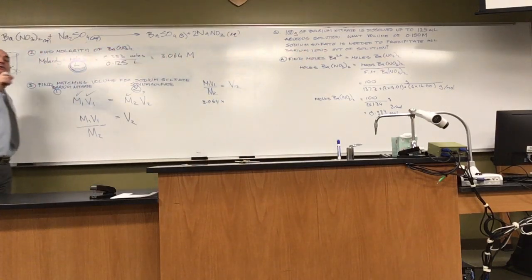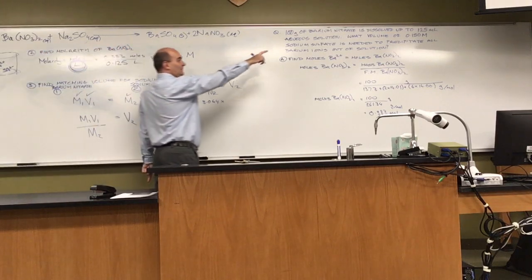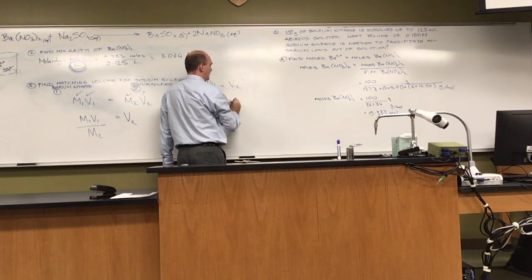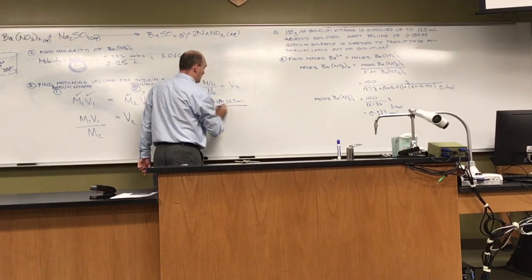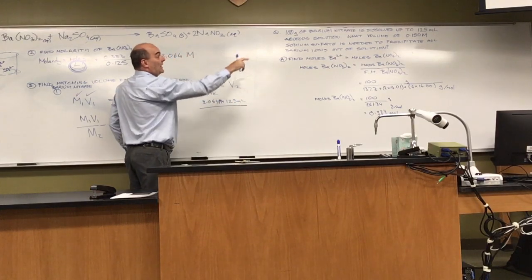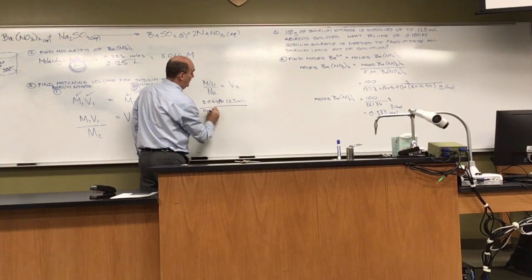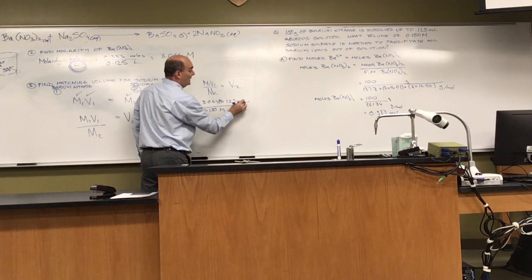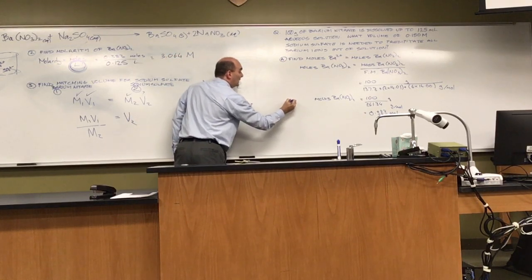You could use the liter value that you just calculated, but what if you made a slight mistake? Leave the number that's in the question. Let's do this in milliliters. So that is in molarity. And I'm going to divide that by the 0.150 molarity, and my answer is going to come out in milliliters.